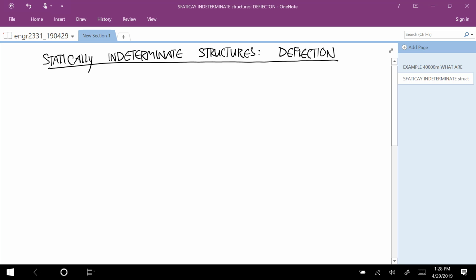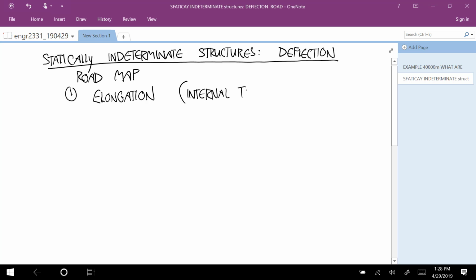So remember, here's the road map. We did elongation, and that came about two ways: internal tension and also temperature changes.